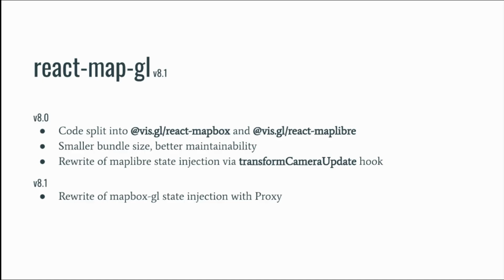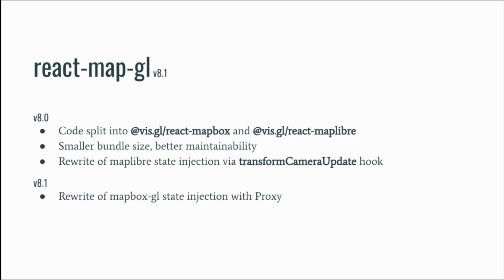And then MapLibre came along as a fork initially from the Mapbox v1 library. So we said we also supported MapLibre, but then the two base map libraries continue to evolve, and the API started to diverge, especially after they both added TypeScript support.